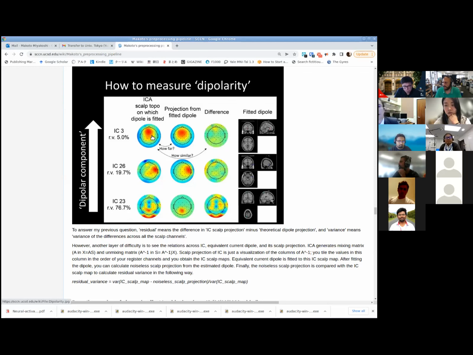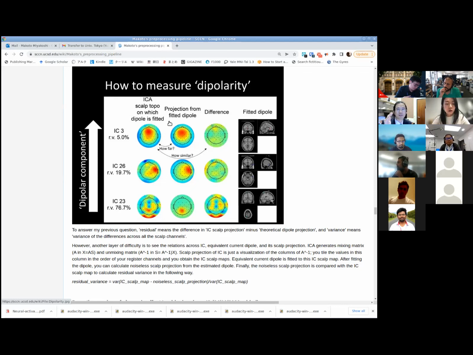So dipolarity is also a measure of physiological validity, because any source activity inside the brain should be able to be modeled as a single dipole. So this physiological assumption is really trustable.